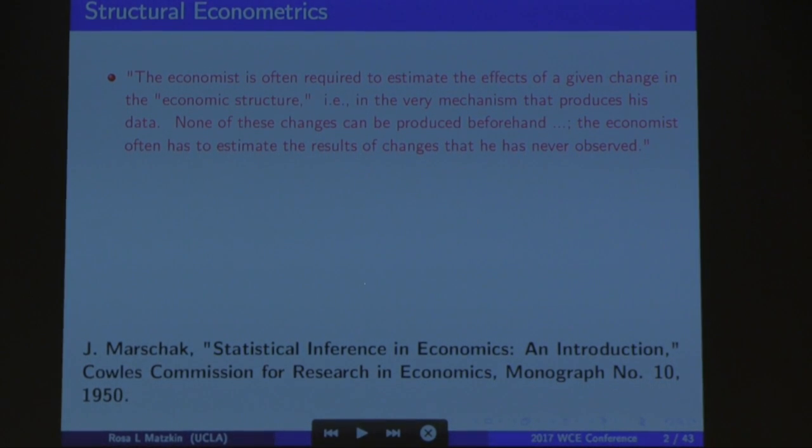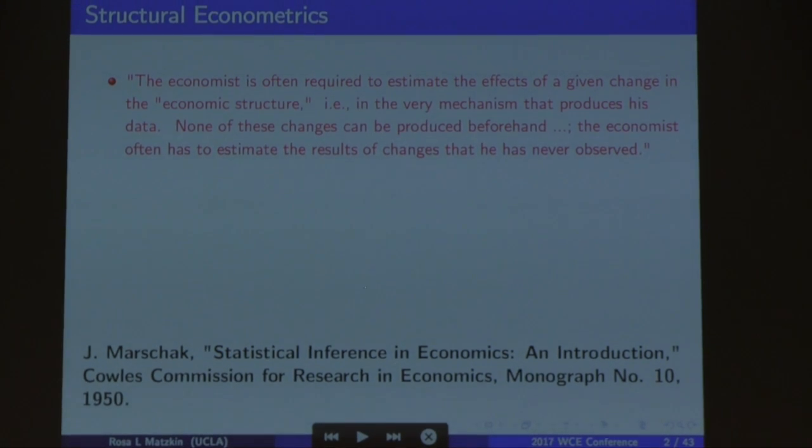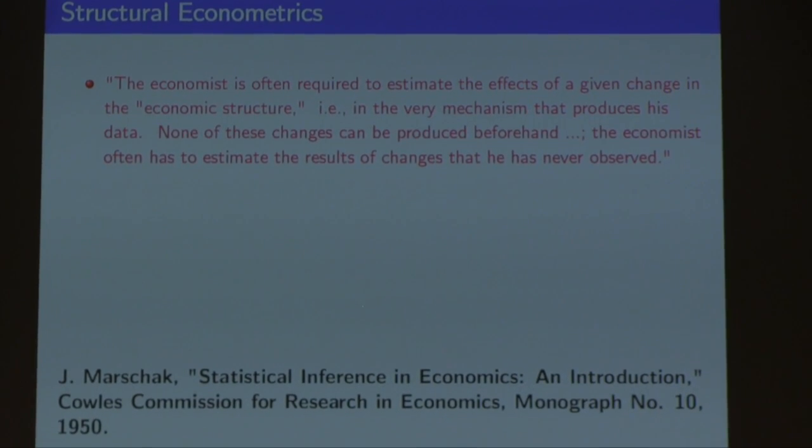Originally the first people in the Cowles Commission were statisticians. After some years, they realized that they needed theorists, so the work of theorists with the first people developed this monograph.